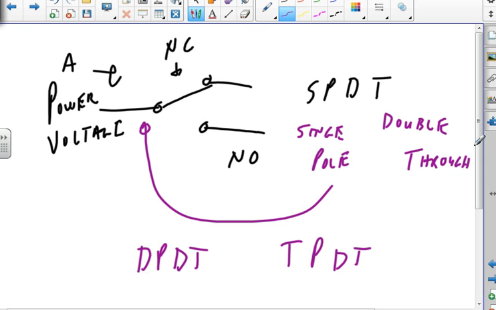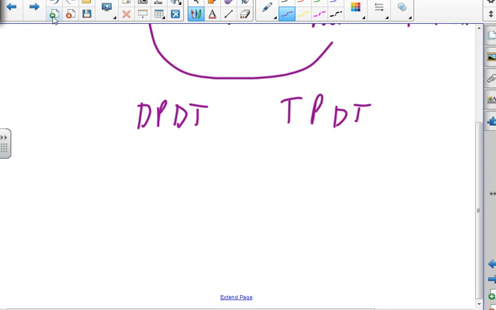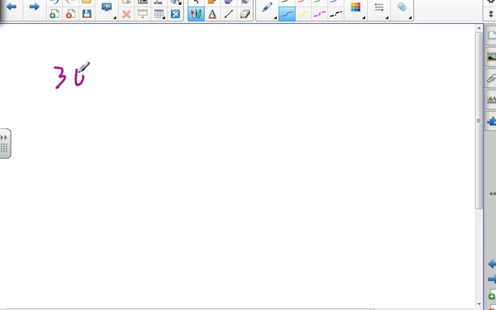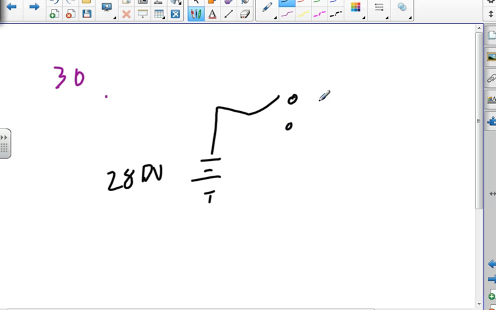So on page 30, I see that I have some DC power, 28 volts DC, going into a set of running lights.